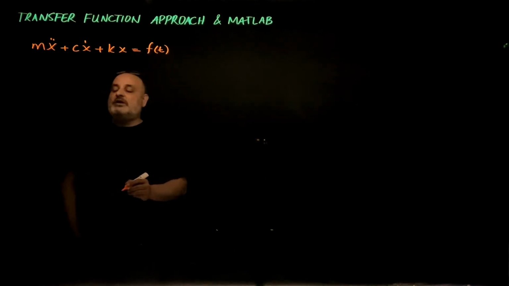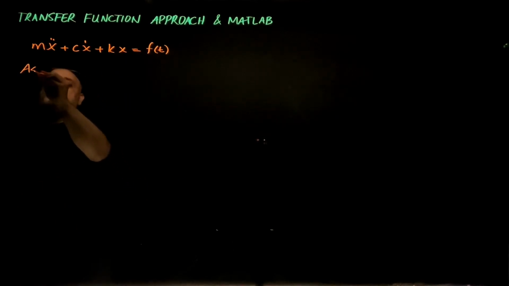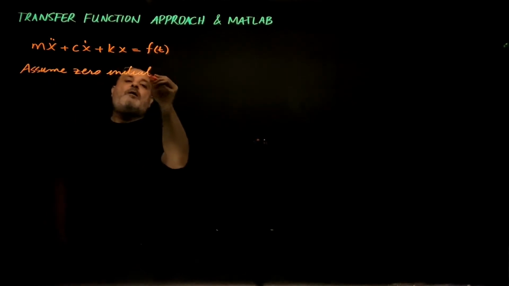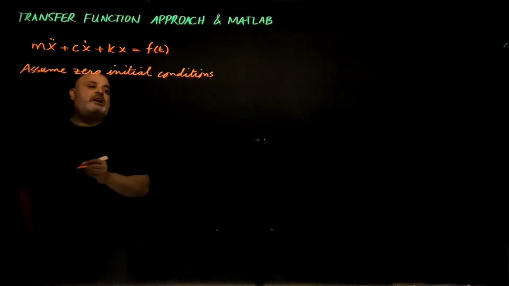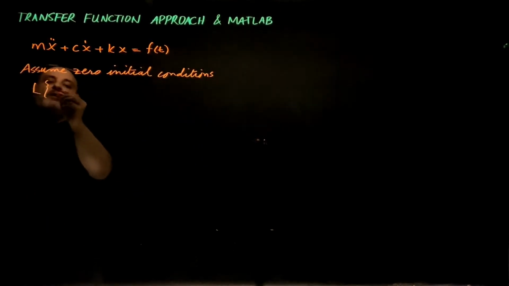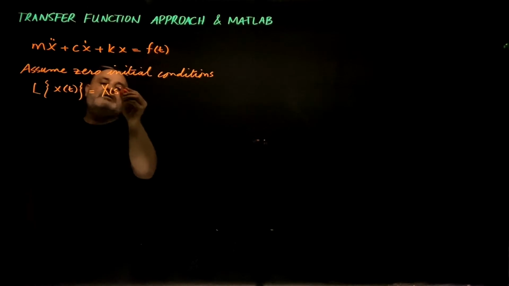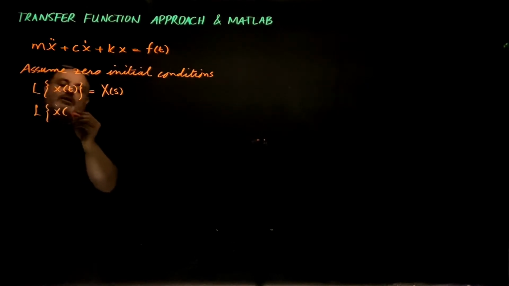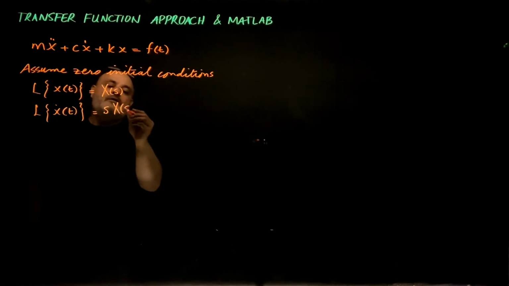In Laplace transform, when we are talking about transfer functions, we assume zero initial conditions, which means that now the Laplace of x of t is x of s, and the Laplace of the derivative x dot of t is only s x of s.